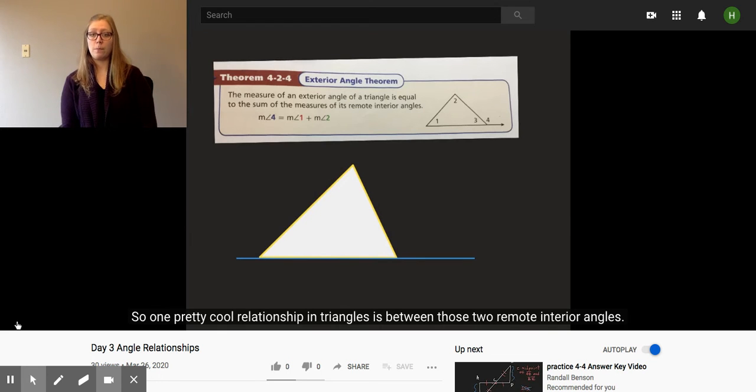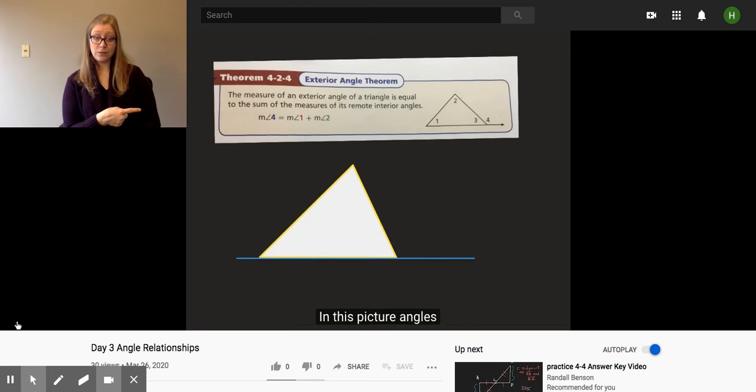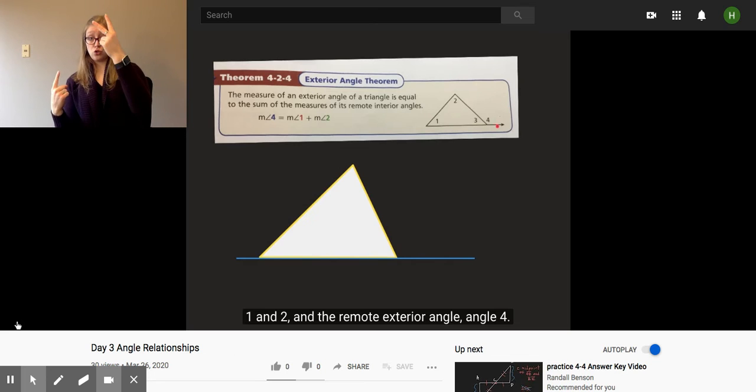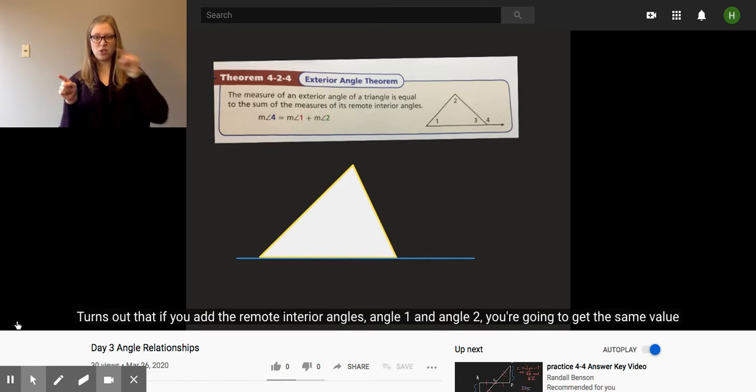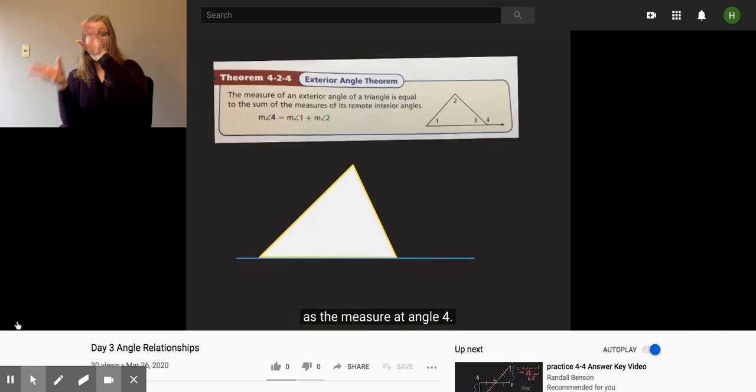One pretty cool relationship in triangles is between those two remote interior angles, angles 1 and 2 in this picture, and the remote exterior angle, angle 4. It turns out that if you add the remote interior angles, angle 1 and angle 2, you're going to get the same value as the measure of angle 4.